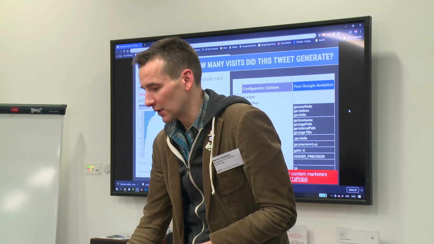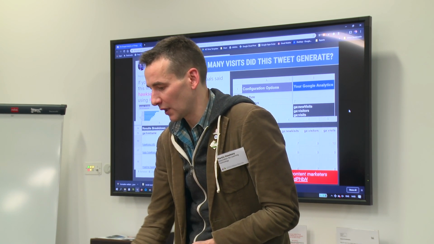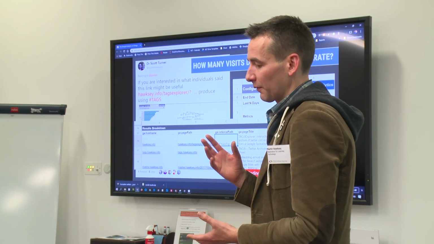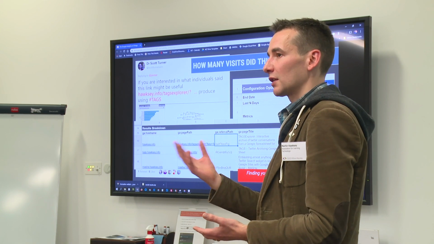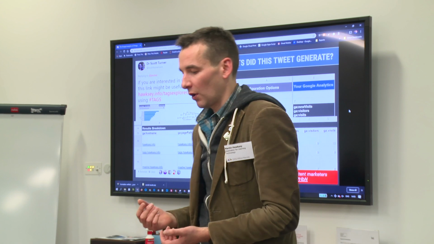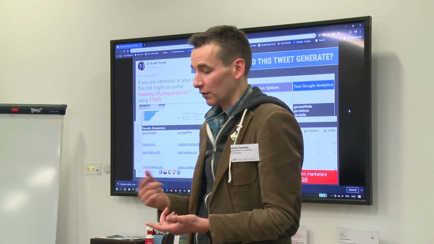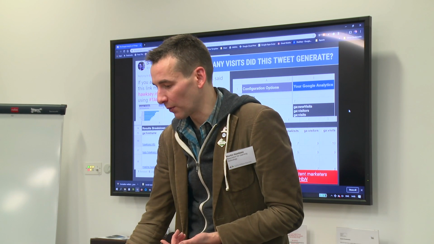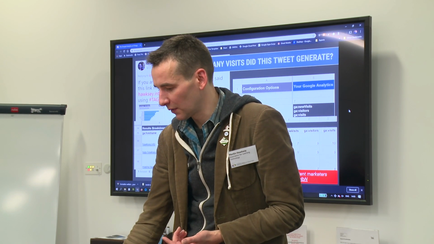So one of the things that you can do in Google Analytics is actually look at the referral path. Now that Twitter handily wraps every link that you share on Twitter in a unique shortened URL, you can actually track these.